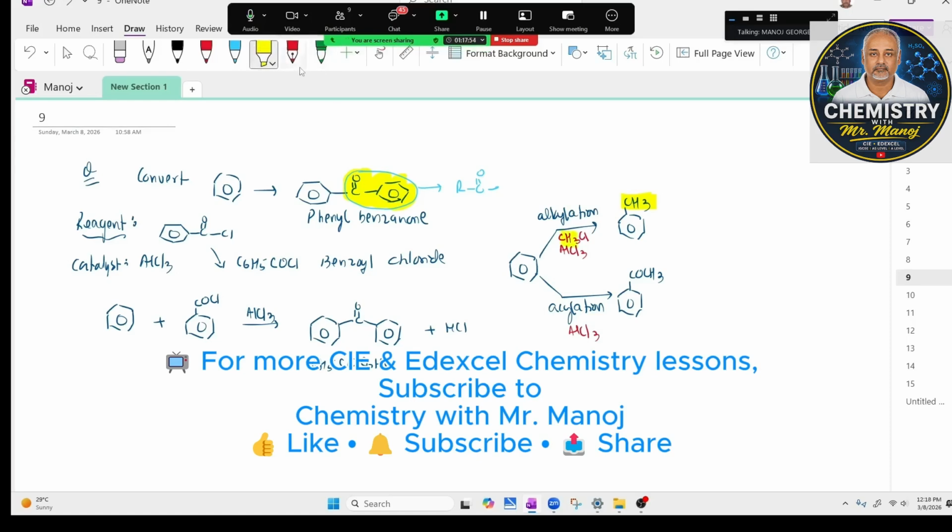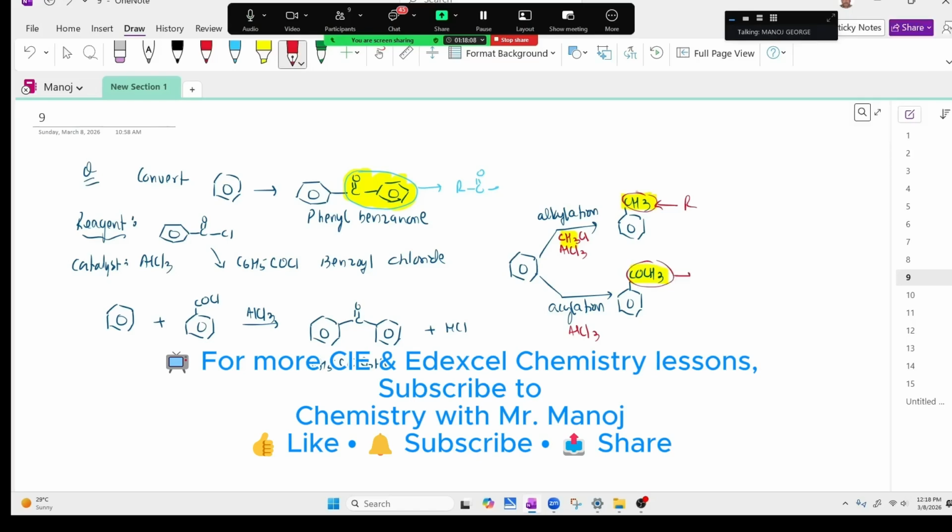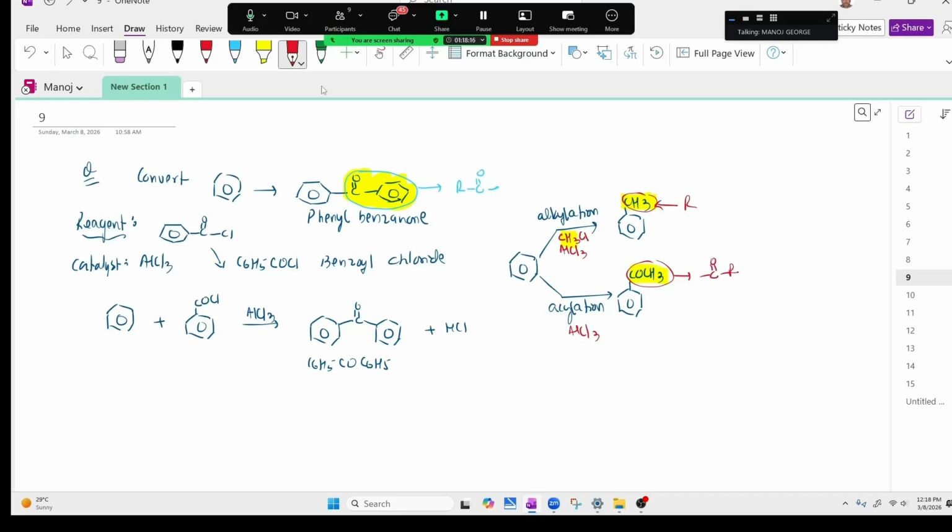So this is alkylation. Now I need acylation. To get acylation, I need someone to give me that RCO. Let's make it very clear. That is RCO, or maybe you can write it this way, COR. Got the idea now? You see the difference? So what do I need? My reagent has to be, just put a Cl next to it.